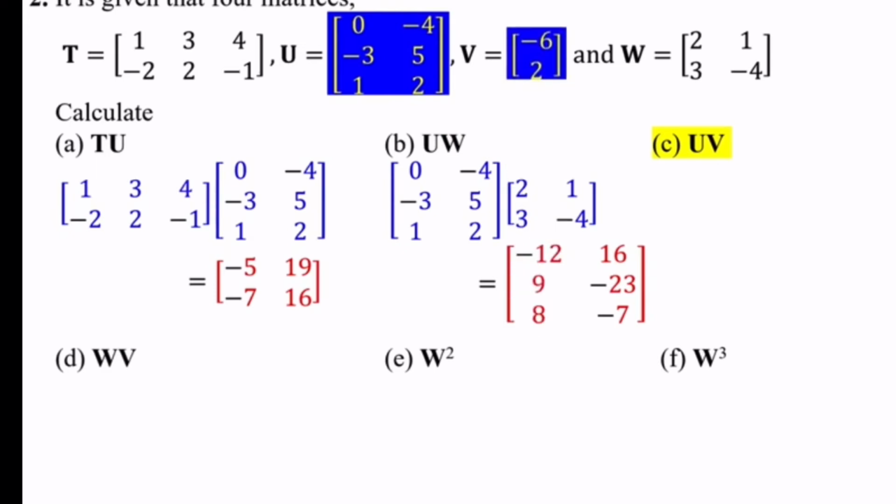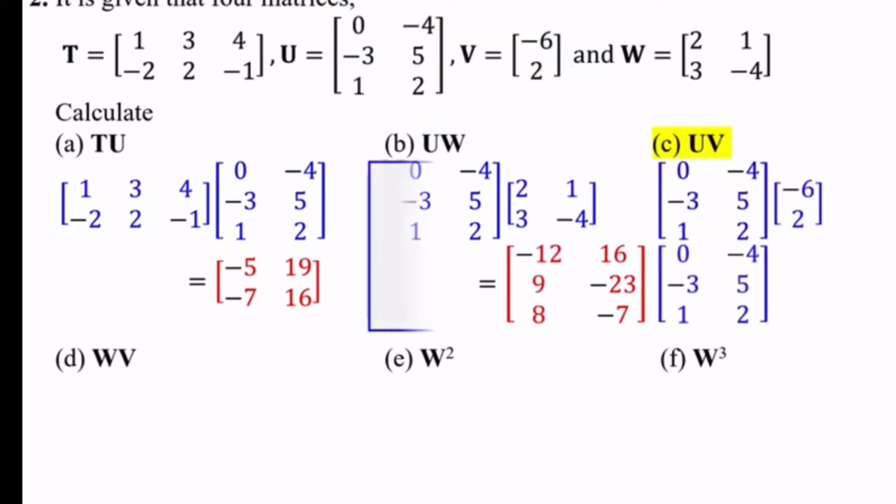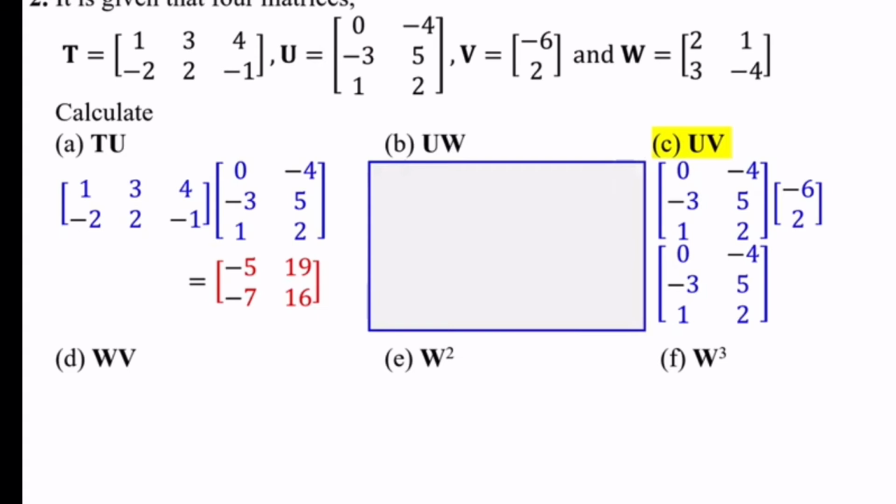Okay, let's see how to do another one, which is U times V. So we will take 0, negative 4, and then negative 6 and 2. So 0 times negative 6 plus negative 4 times 2, we get negative 8.